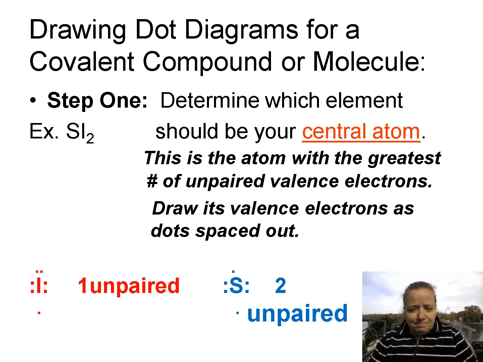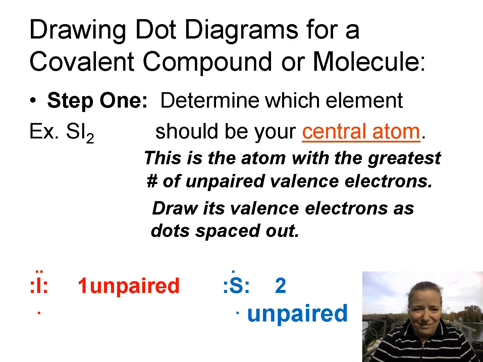Now I can see that iodine only has 1 electron that is unpaired. Sulfur has 2 that are unpaired because I spread them out. So sulfur would be our central atom. A lot of times the central atom is listed first, but not always.